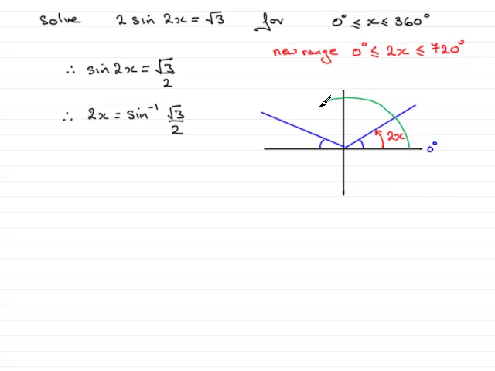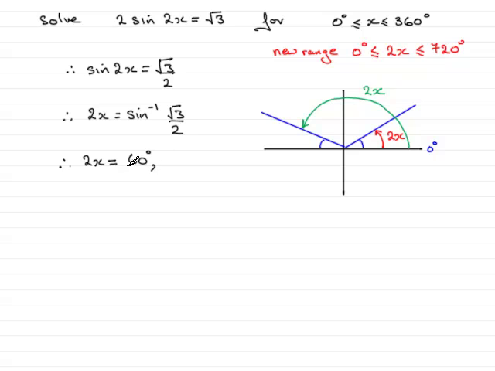That's another possible angle that we're going to have, and that will also be another 2x. Okay, so we've labelled the diagram like this. Now we just need to find out what the inverse sine of root 3 over 2 is, and if you do that on a calculator, although you should know that anyway, it is 60 degrees. So 60 degrees we'll put in.